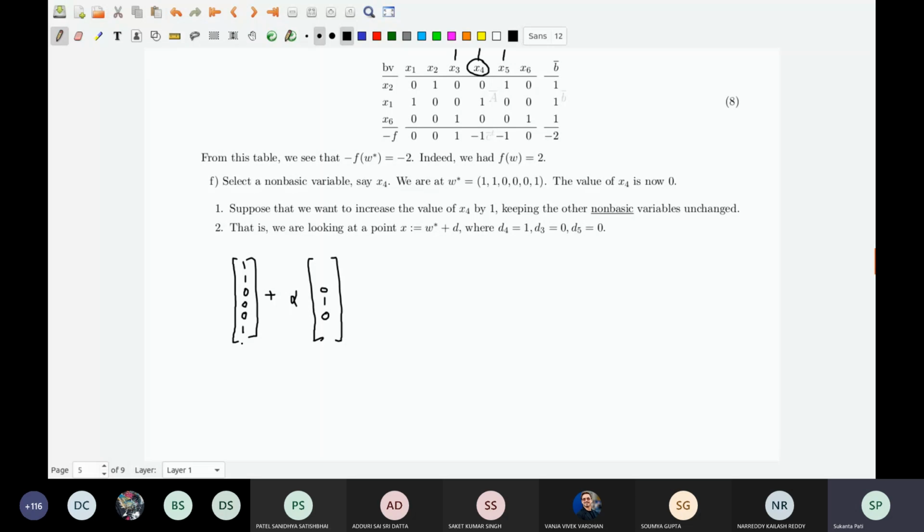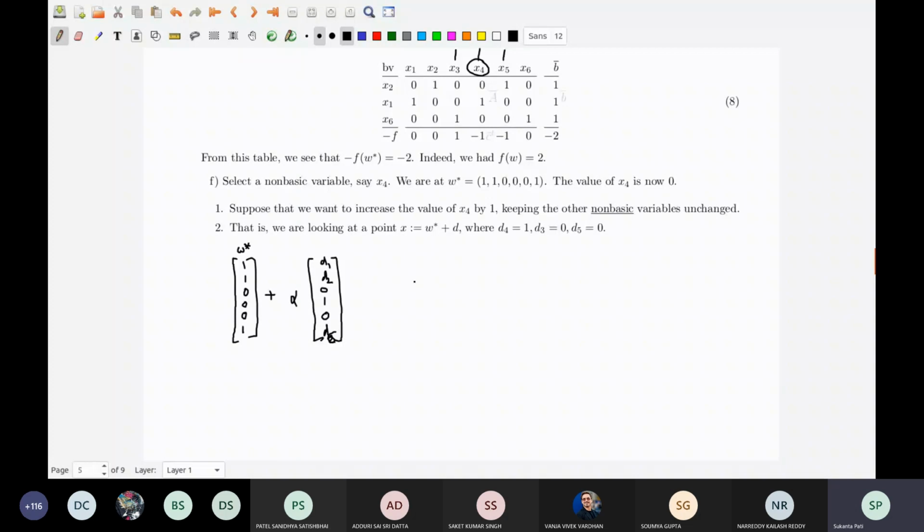So I am searching for a direction d1, d2, d6 such that d4 is equal to 1 and the other non-basic entries are 0. That kind of a direction I am searching. And is it any arbitrary d1, d2, d6? No, it is not arbitrary.